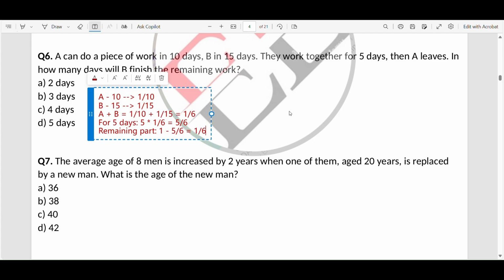The remaining part of the work is 1 by 6. So only B is there. A left. So 1 by 6th part of the work is left to B, and A went off. So now what can B do?